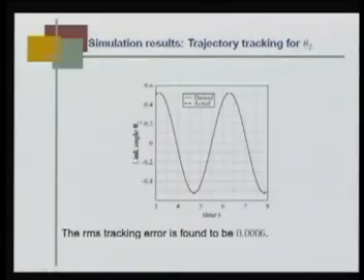Similarly, this is the trajectory tracking for theta 2, the link angle theta 2, with respect to time, and again the steady state is from time 3 to 8. If we compute the RMS tracking error, it is 0.0006, very efficient tracking.